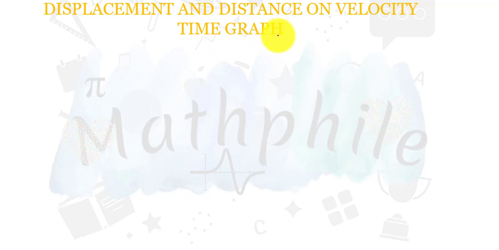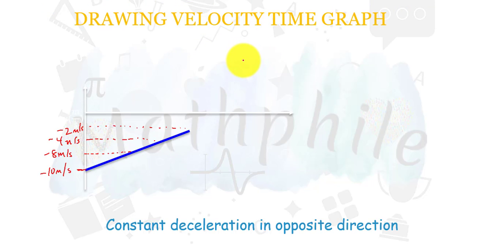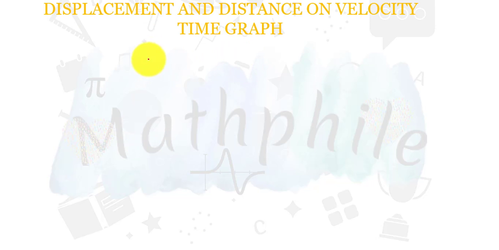Displacement and distance on velocity time graph. Okay, let's deal with something small. Let's assume that a particle is traveling with a constant acceleration of 5 meters per second squared.